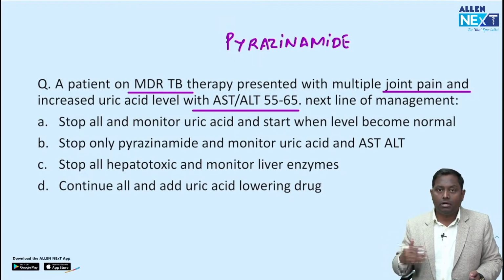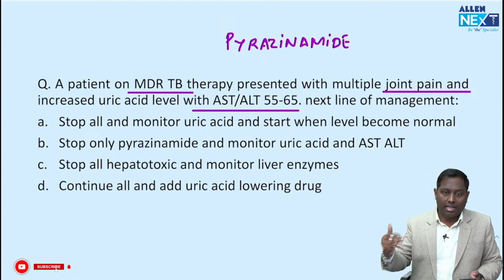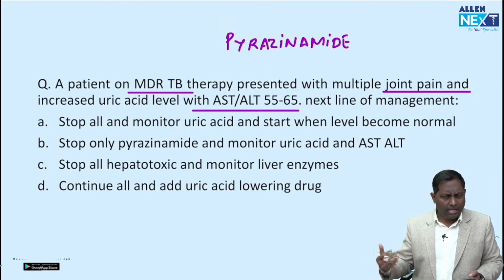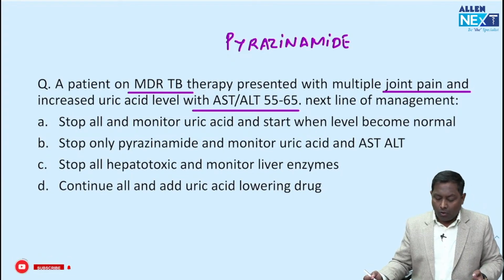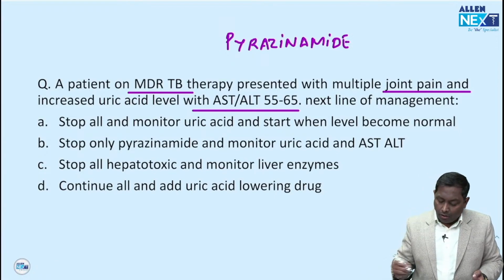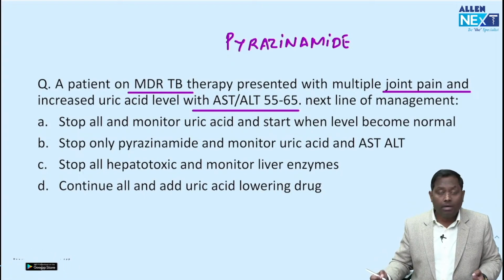Liver enzyme is not altered that much, it is increased. Let's say if the liver enzyme up to 35, 38 is considered normal, there is a slight increment up to 55. Okay. Next line of management. Now in a country like India, where the most important problem is going to be TB, look at the other option: stop all and monitor uric acid and start the drugs once the level becomes normal.